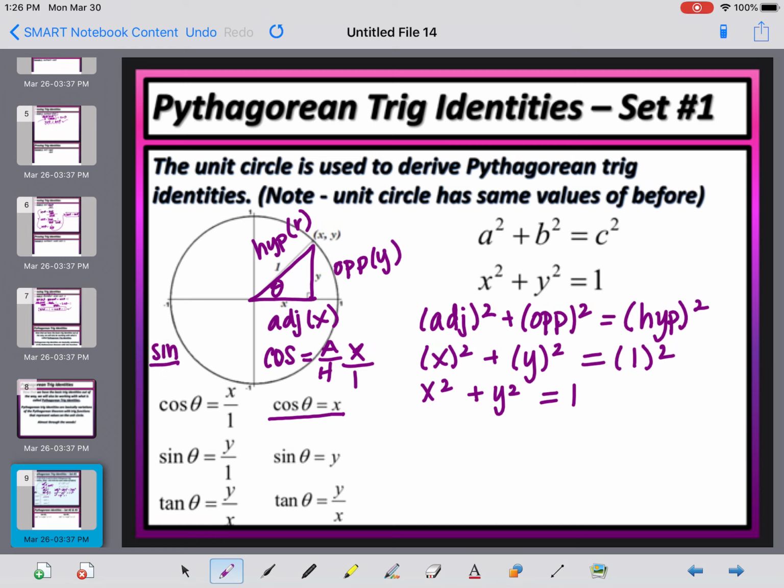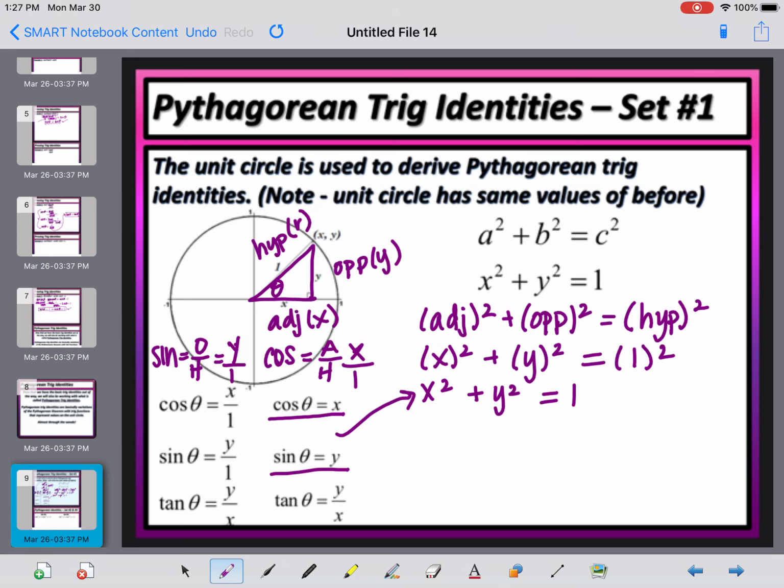And the same idea for sine. Sine is opposite over hypotenuse. Relating it to x, y, and r, we get y over 1, which brings me simply to sine equals y.